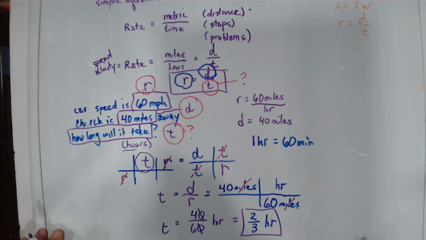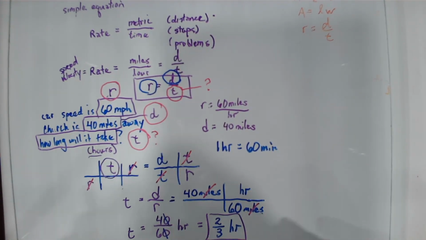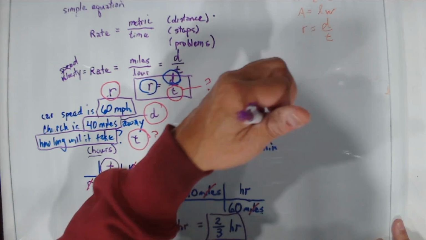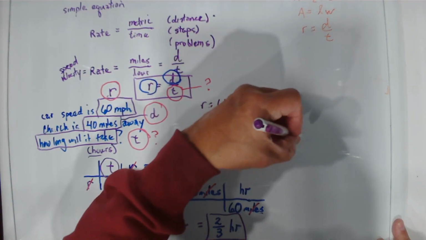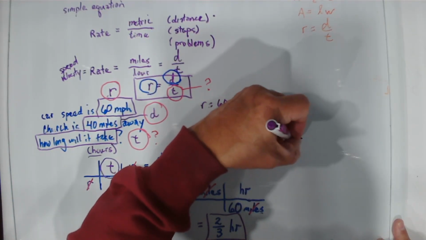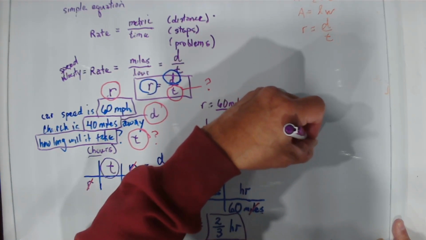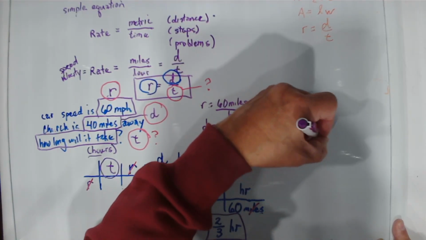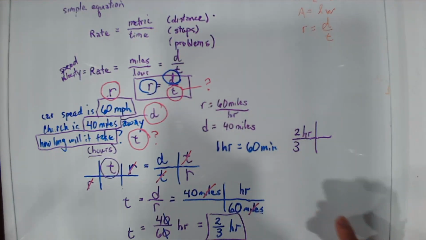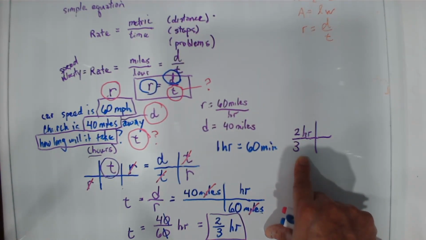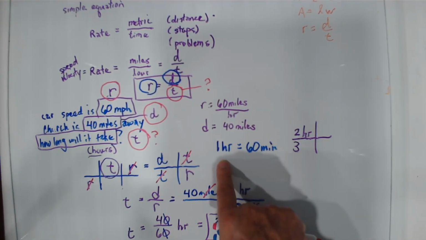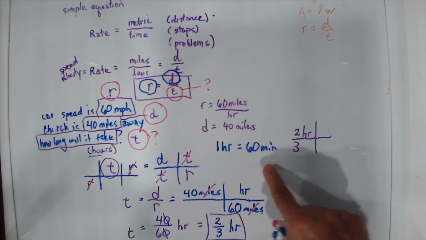Okay, so let's move this over to right here, and I want to convert this to minutes. So let's write that out on this side. 2/3 of an hour. And now we want to convert this to minutes. So we want to use this ratio to convert this.